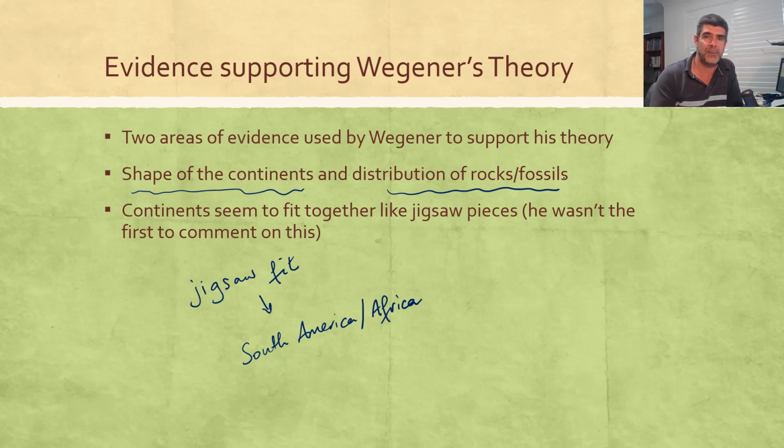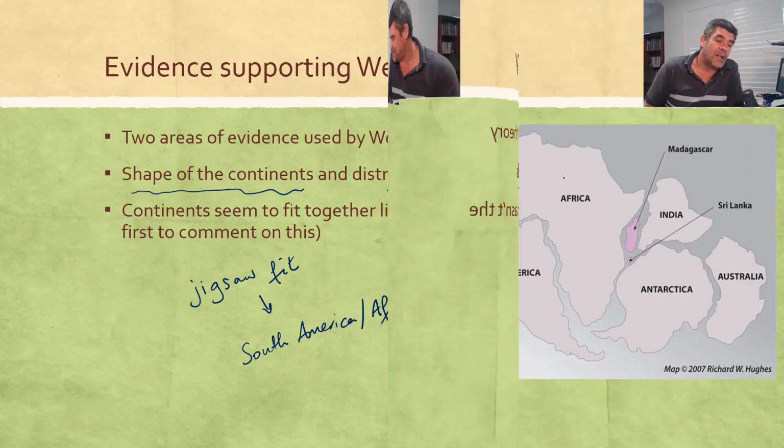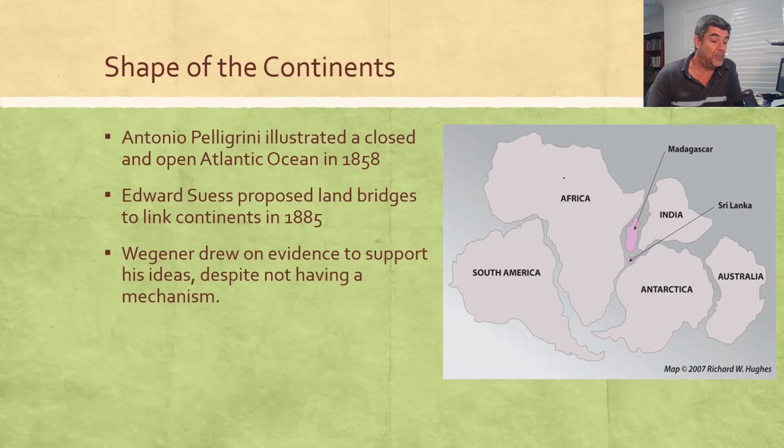And as I mentioned in a previous video, Wegener wasn't the first scientist to notice this, but certainly he's probably the most famous. Antonio Pellegrini, probably 50, 60 years before Wegener, had the same idea. He noticed the shape of South America and Africa, and actually drew maps showing them close together and further apart.